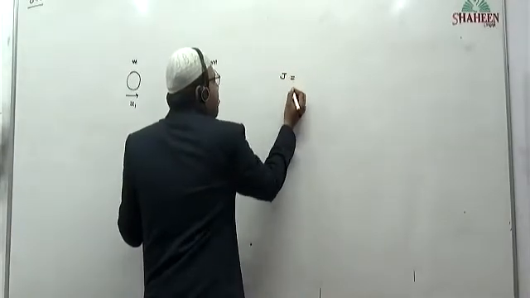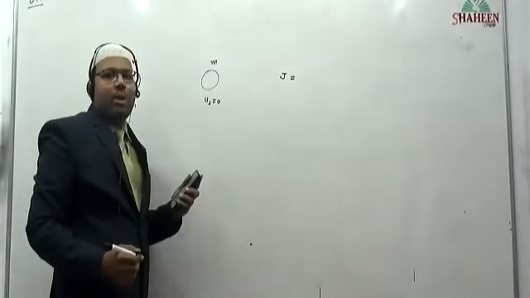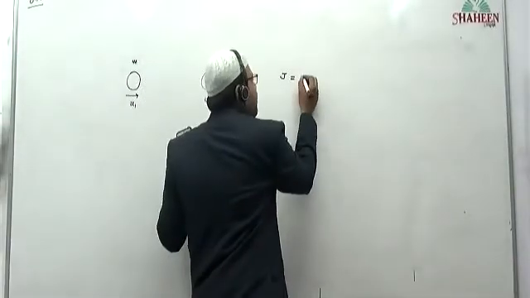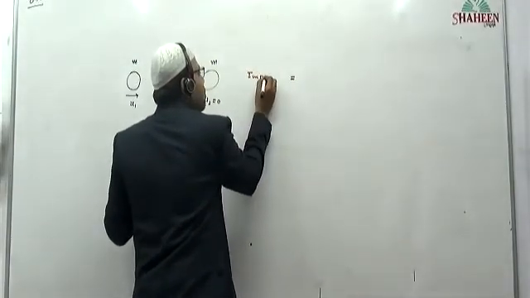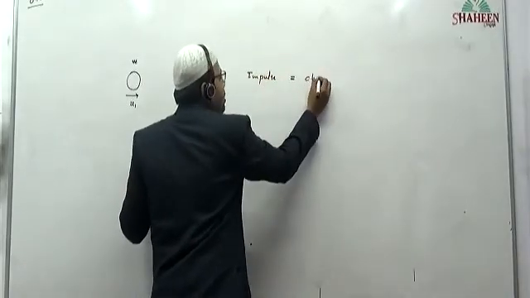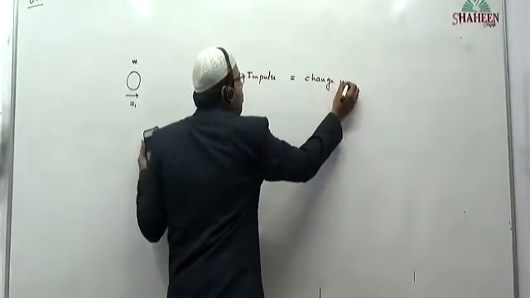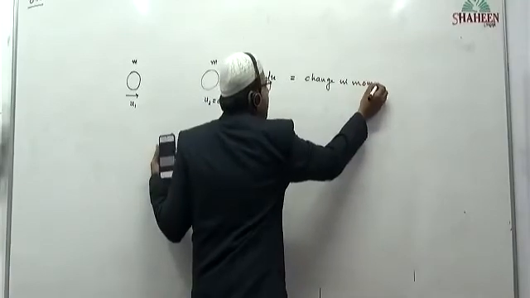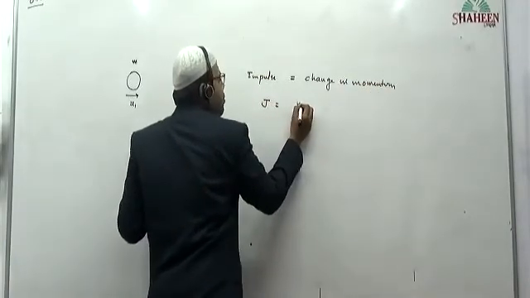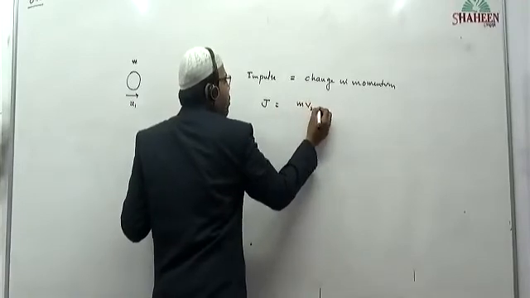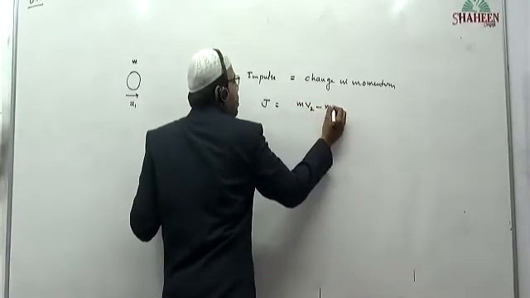What is impulse? Change in momentum, right? Impulse is equal to change in momentum. So impulse J is equal to the change in momentum, mv2 minus mu2.